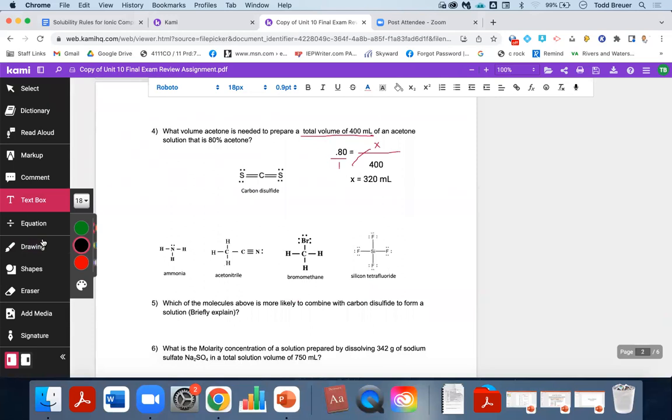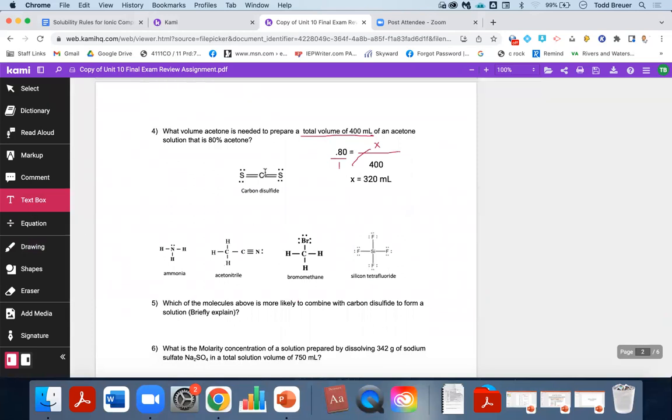Okay, question 5 is asking us about some molecules. And there's this concept or idea called like dissolves like. So when molecules are polar, they tend to stick or latch on to other molecules that are polar, and they will dissolve to form a solution with other polar molecules. Likewise, non-polar molecules do the same thing. So we've been using this concept called symmetry.